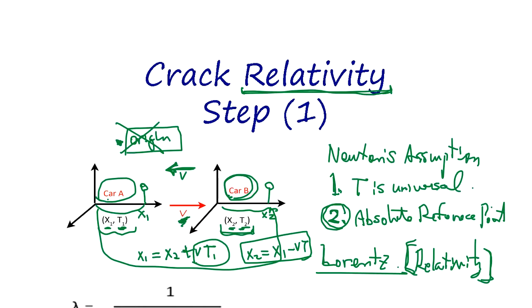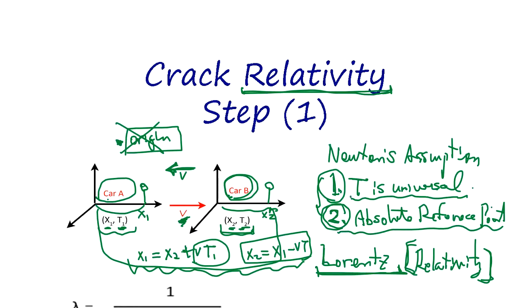Okay, so if Newton's two assumptions are correct, this transformation is correct. But Lorentz tried a different transformation. These assumptions are not correct, and t is not universal.